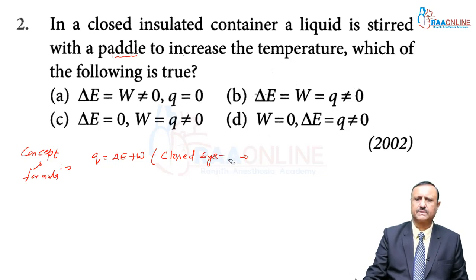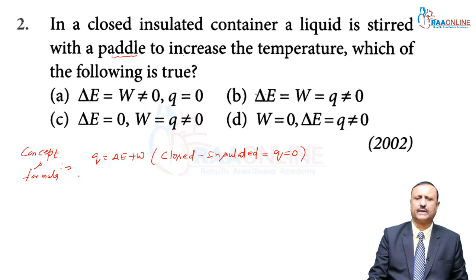Insulated means the same as a thermos flask. Your thermos flask is an example of a closed and insulated system. In this closed and insulated system, Q equals 0, because no heat is coming in and no heat is going out of this system. So Q is equal to 0 for this closed insulated system.